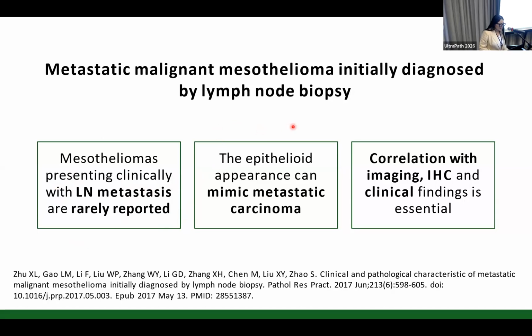They recommended that we must be careful, because in cases where the epithelial appearance is very prominent, it can mimic metastatic carcinoma. So that's why they recommend performing a correlation, if possible, with the imaging studies, immunohistochemistry, or all the data available.